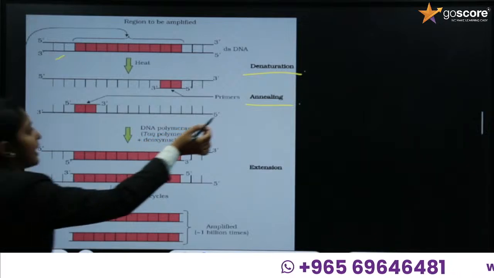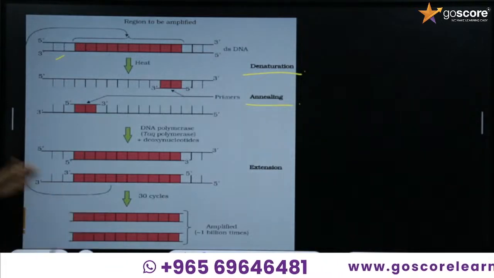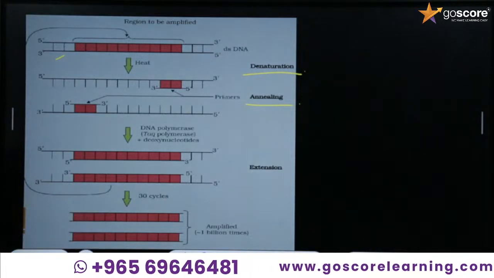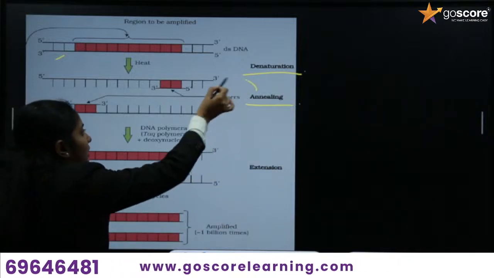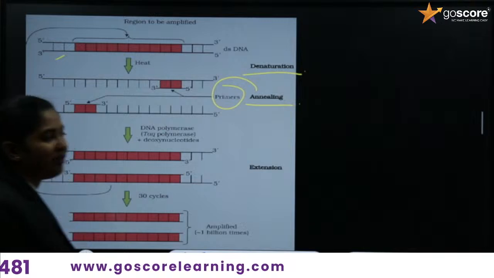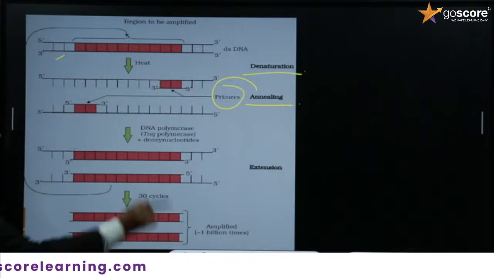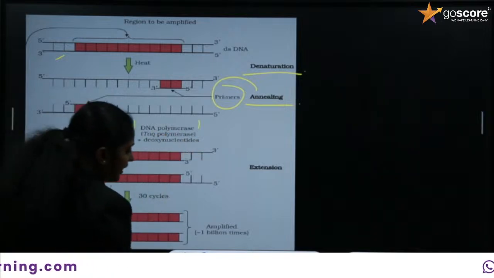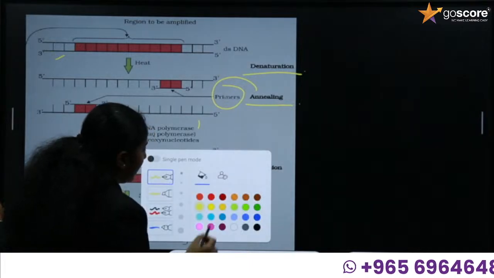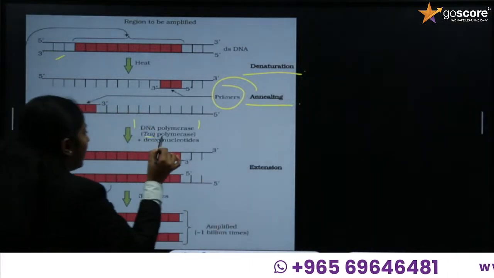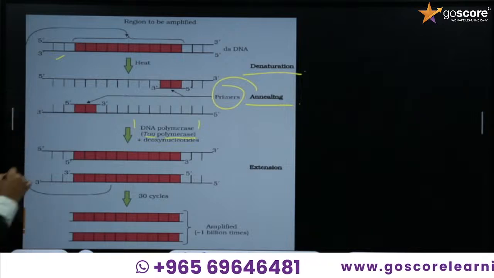So the second step is annealing with primers. First the separation is called denaturation. Second, annealing takes place with primers. Then after annealing, DNA polymerase is added. The DNA polymerase used here is Taq polymerase.